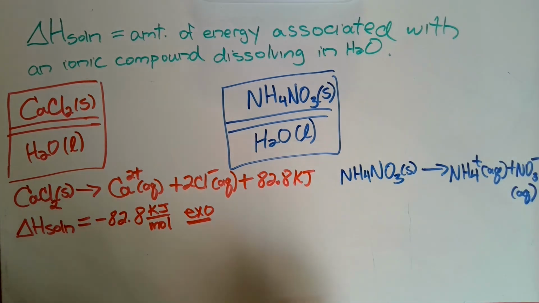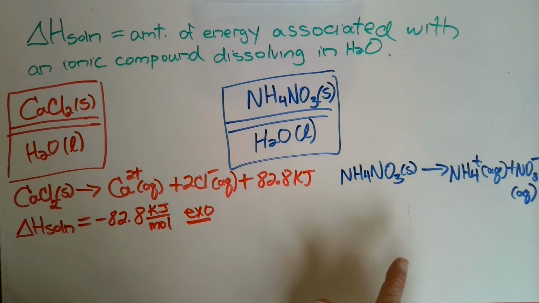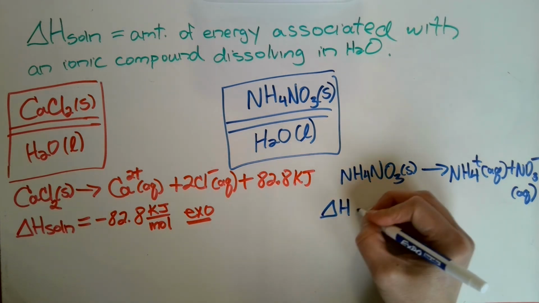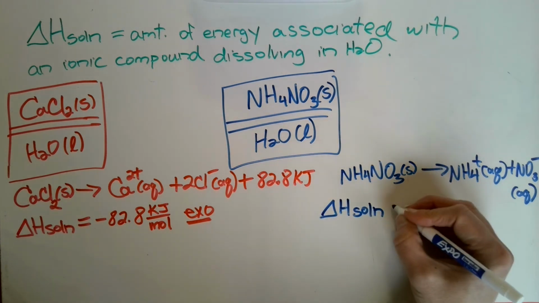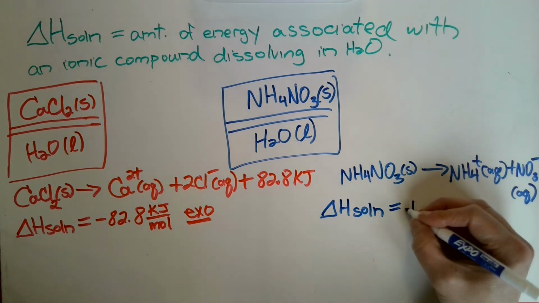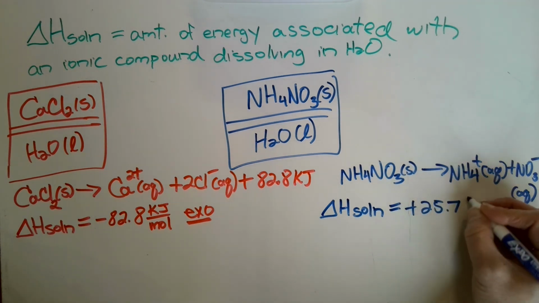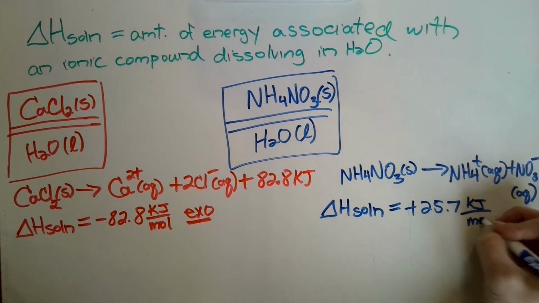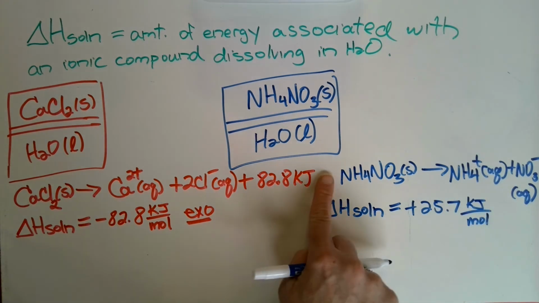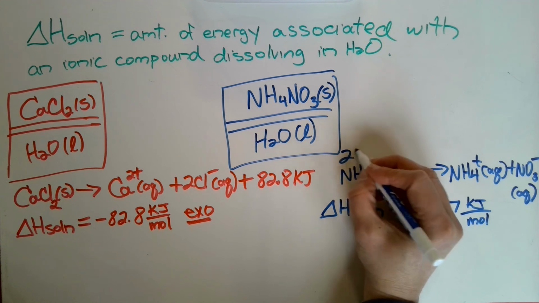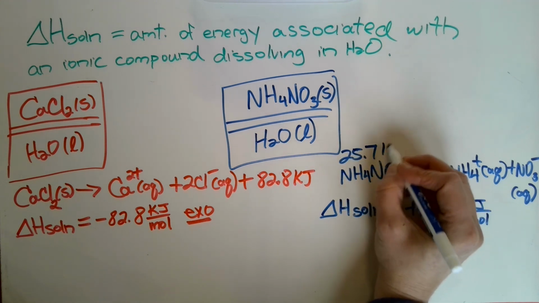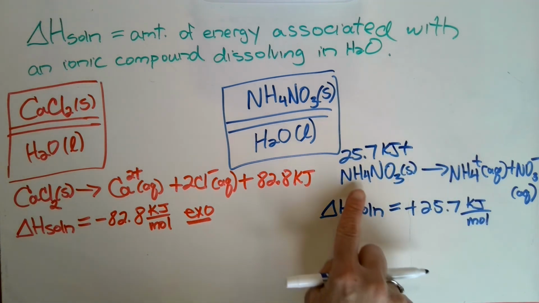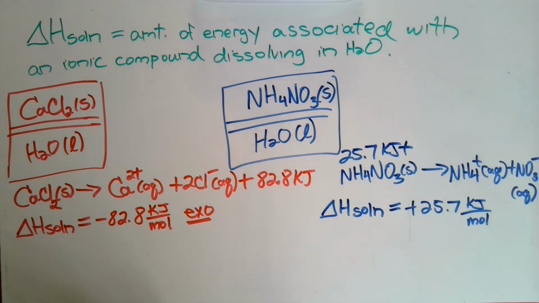Instead of heat coming off, this reaction actually absorbs heat from its surroundings. The heat of solution for this reaction is positive 25.7 kilojoules per mole. Sometimes you'll see it written as 25.7 kilojoules plus ammonium nitrate solid yields ammonium ions plus nitrate ions.